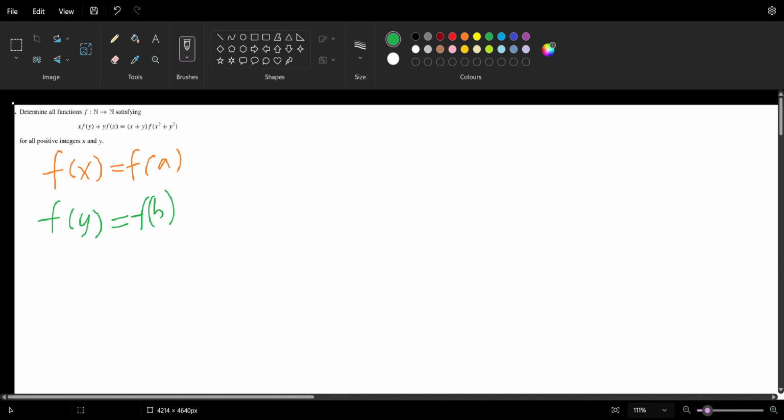Then we are saying if it's a non-constant function, it means that f of x can be less than or greater than b, but it should not be equal to b. So we are going to see f of a is strictly less than f of b.